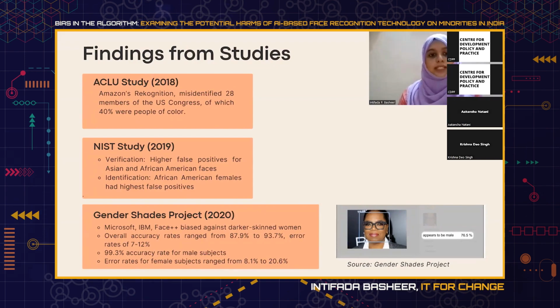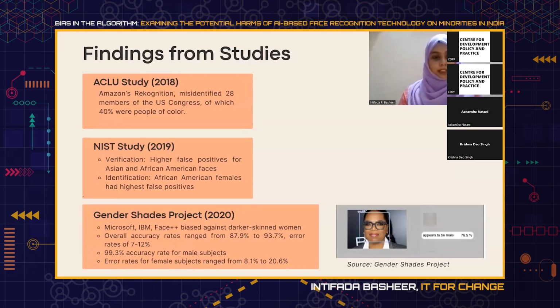What it found was that the tool misidentified 28 members of Congress and matched their photos against the photos of criminals present in the database. Of these 28 mismatches, 40% were people of color, and this is highly disproportionate because only 20% of the US Congress constitute people of color.